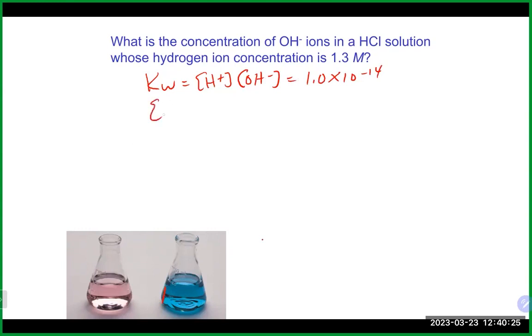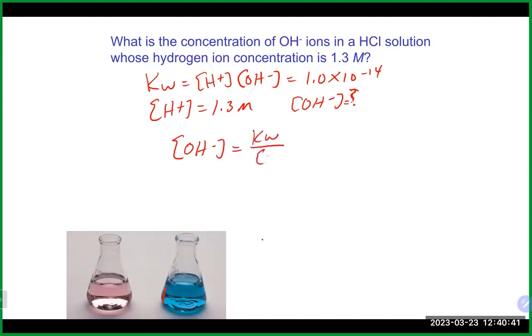In this case, we are given the H plus concentration of 1.3. We are looking for the OH minus concentration here. So rearranging and solving for the OH minus, that would equal Kw divided by the H plus. And that would be 1 times 10 to the minus 14 divided by 1.3 in this case.